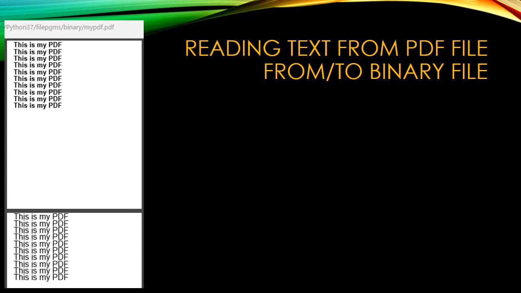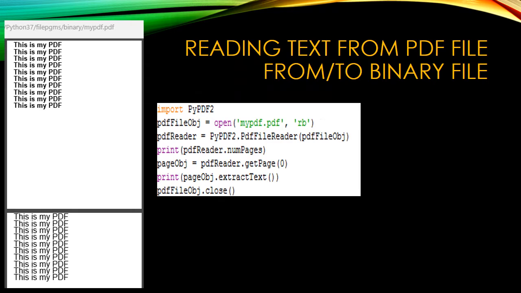Next, we are going to read the text from a PDF file. The PDF file contains two pages. Sorry, we are going to read the first page's content. Before that, we have to install the PyPDF2 module, and then open that my PDF file and create the file object.